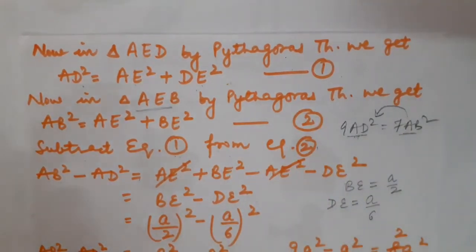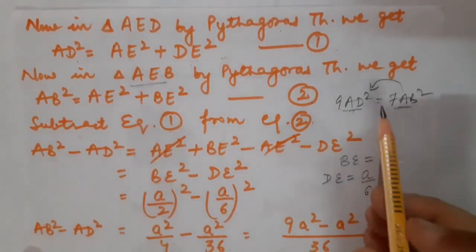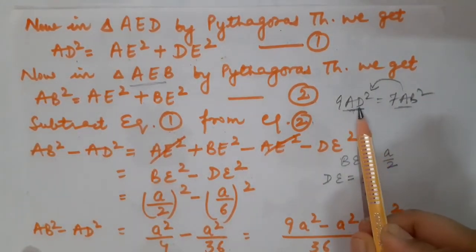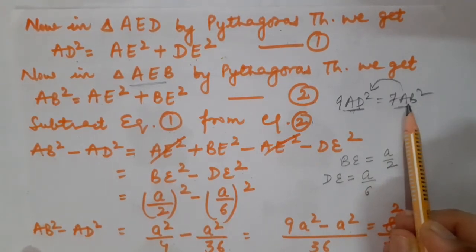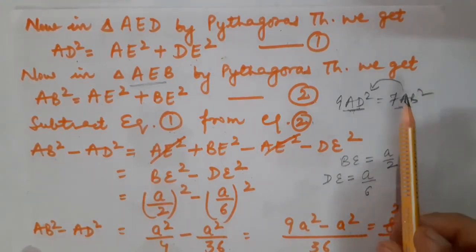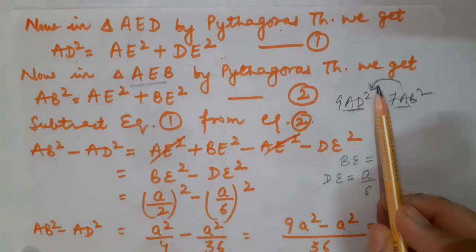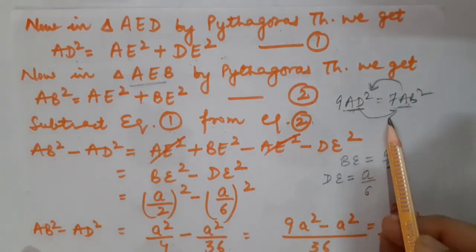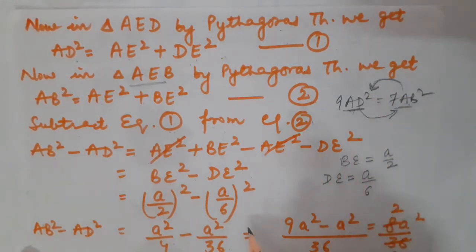Now children, the most important point I am going to tell you. As you know, AD square is on the left hand side but AB square is on the right hand side. Correct? So if I bring AB square to the left side or AD square to the right side, definitely the sign will be changed.